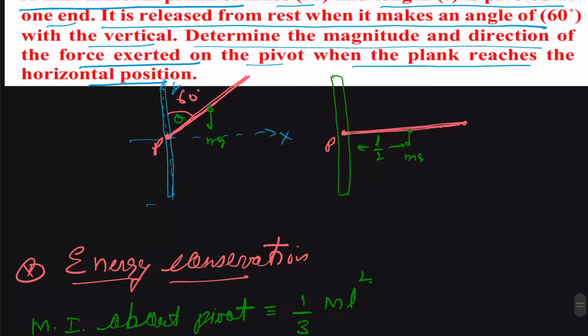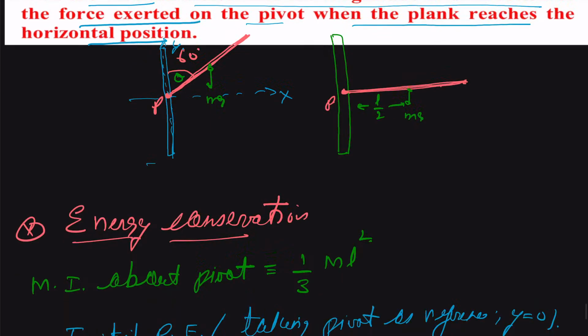Here the height we have taken is what gives us the potential energy of the center of mass. Ideally this will be something like this.